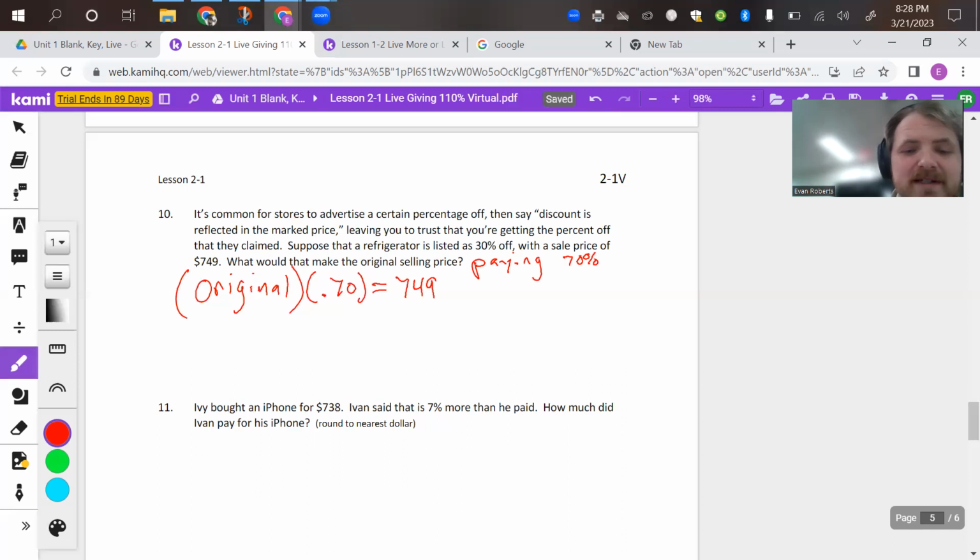We divide by 0.7 on both sides, so that original is equal to 749 divided by 0.7. So that original price, when we did that in our calculator, is 1,070.